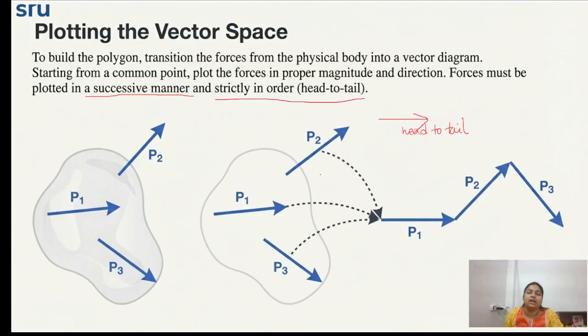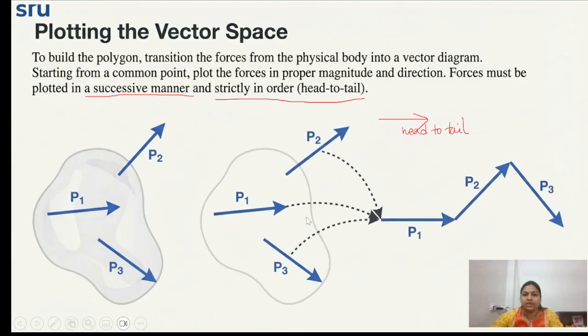And if the last vector ends exactly where the first one started, then the body is balanced, no net force is acting, and this means the body will remain at rest or move with constant velocity.